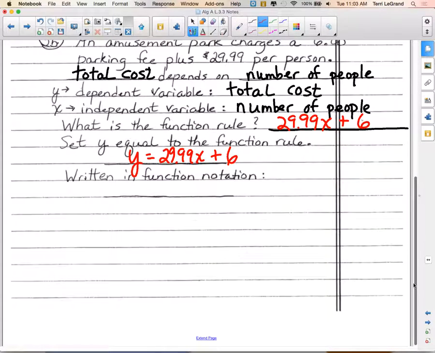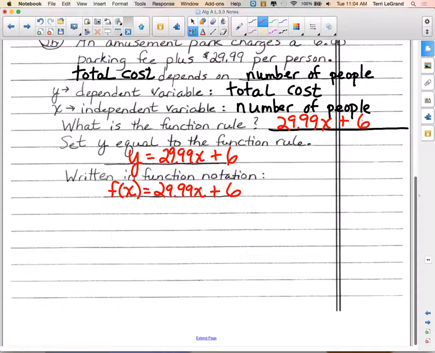Okay, now you write that in function notation, because you know how to. Pay really close attention in the directions of your homework when I ask you to write it in function notation.